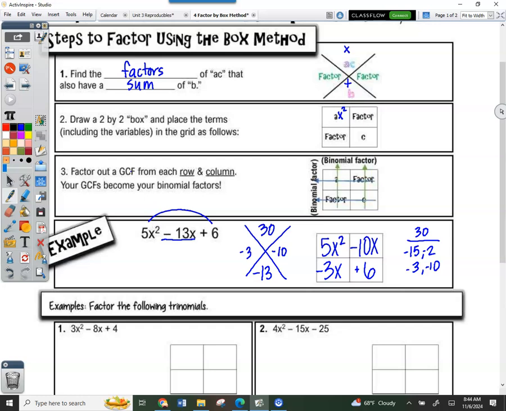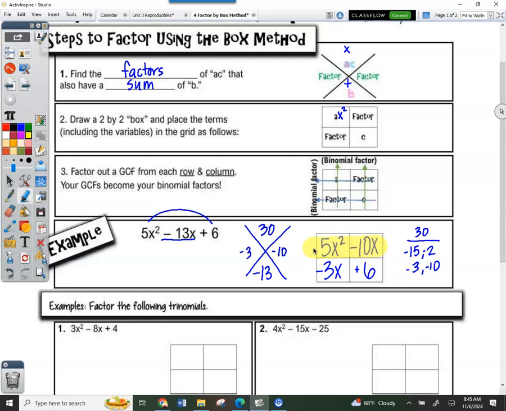Now, here comes the GCF part. Focus your attention right here. What's the GCF between 5x squared and -10x? 5. First of all, it's not negative because the leading term's not negative, okay?